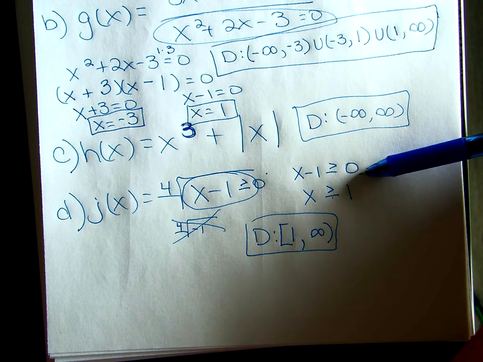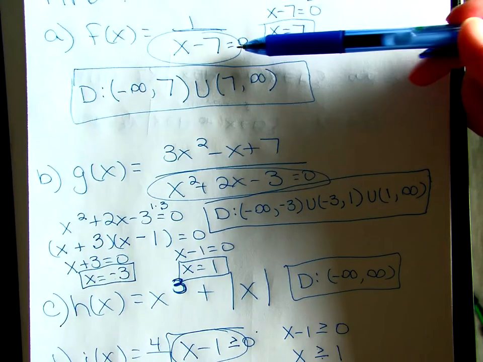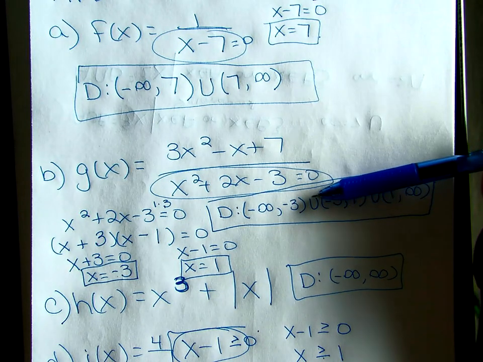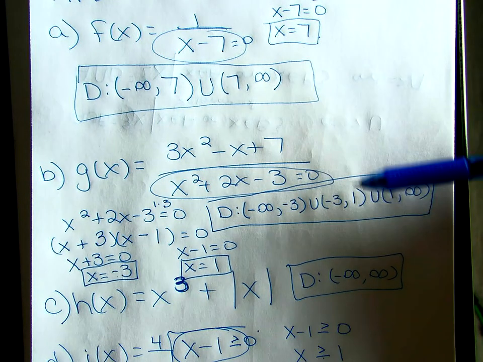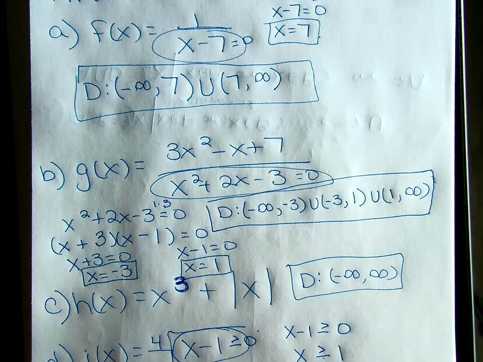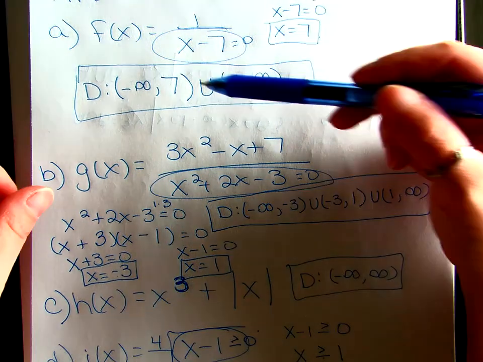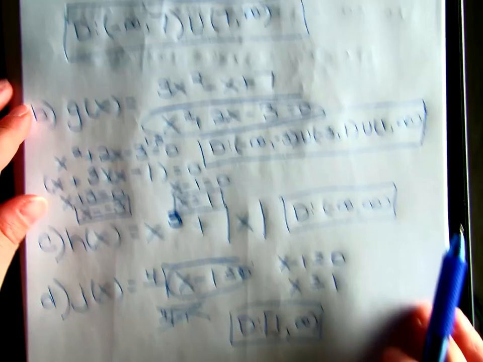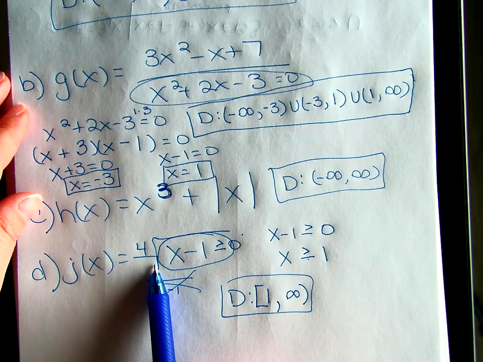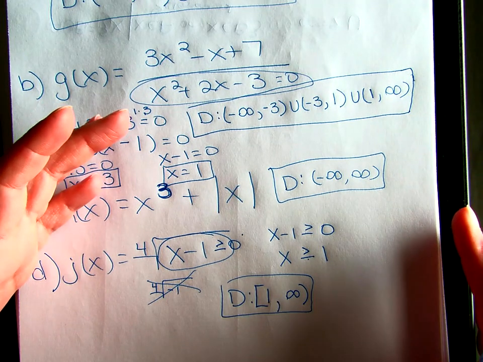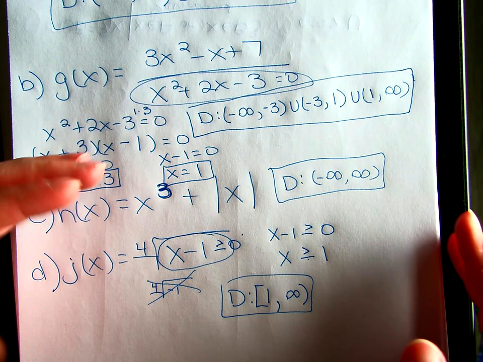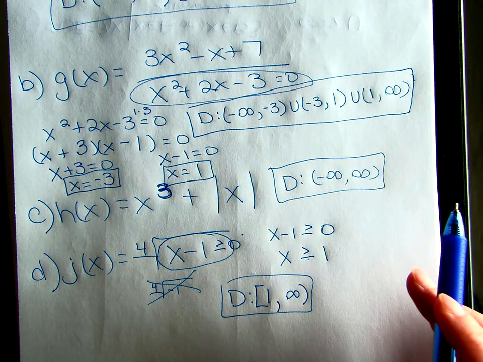When you have x in the denominator of your function, there's going to be one value or two values or three values, a couple of values that you have to get out of your domain. When you're dealing with the radical, there's going to be a whole bunch of values that you're eliminating from your domain. So you do have to be careful on that.